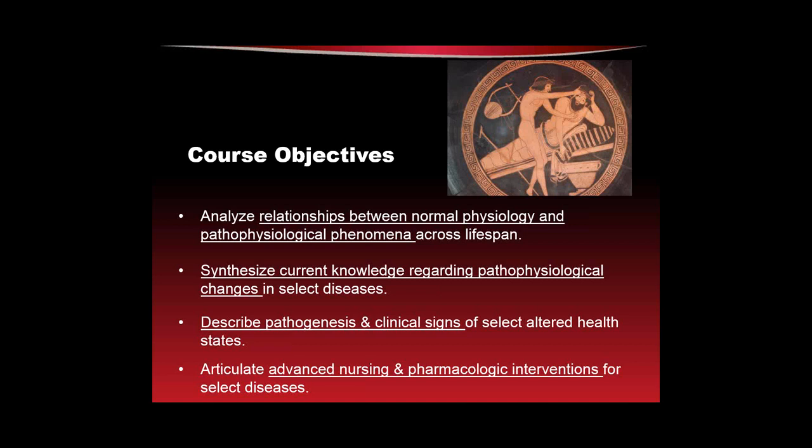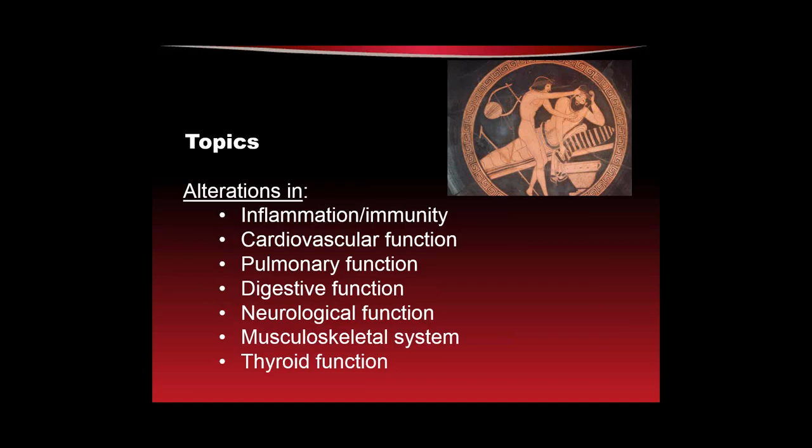We want our students to be able to synthesize the current knowledge regarding pathophysiology changes in select diseases. We want them to be able to describe the pathogenesis and the clinical signs of the more common conditions that they will be treating, and we want them to be able to articulate advanced nursing and pharmacologic interventions for these select diseases that we cover.